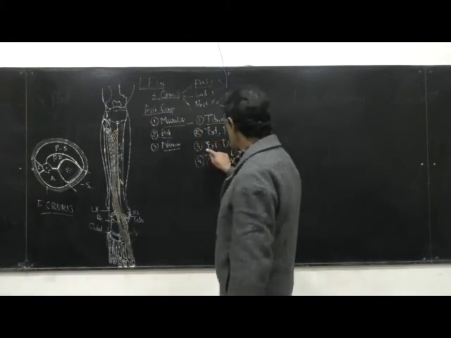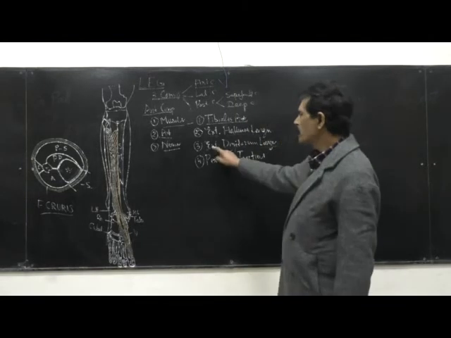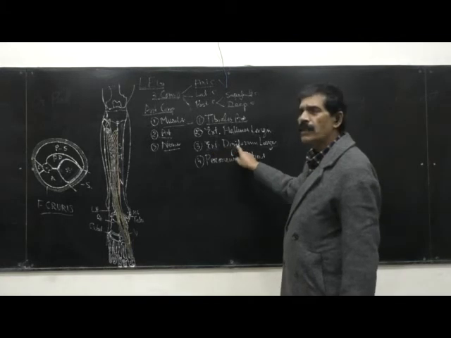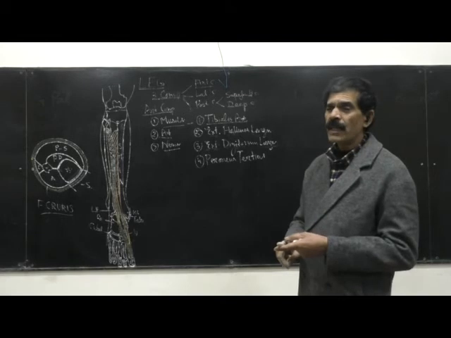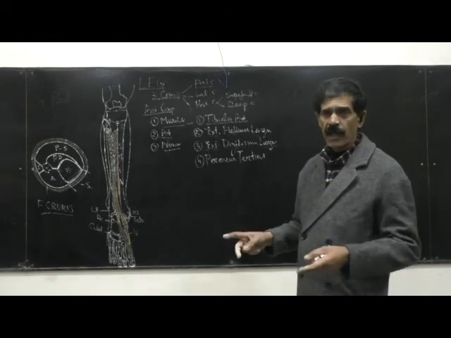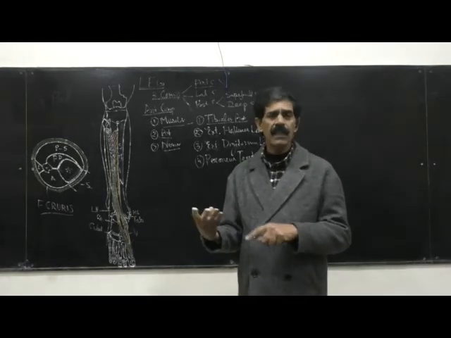Then the third muscle is the extensor digitorum longus. Again, the first word is telling that its action is the extension or dorsiflexion at the ankle joint. The second word is digitorum. Any muscle having the word digitorum means the tendon will be inserted on the digits. And we know both in the foot as well as the hand there are 4 digits.